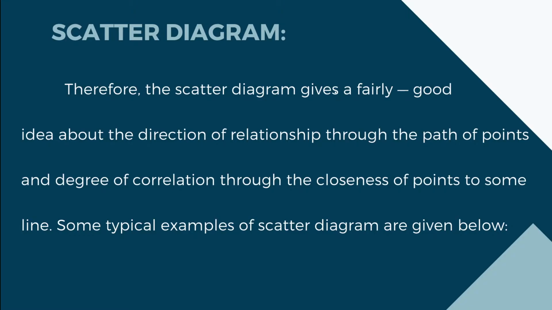Therefore, scatter diagram gives a fairly good idea about the direction of relation between the path of points and degree of correlation through the closeness of points to some line. It is the simplest pictorial method to understand the relation between two variables x and y. Some typical examples of scatter diagram are as given below.